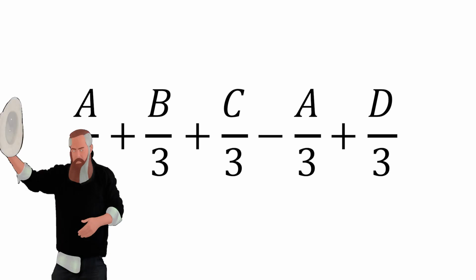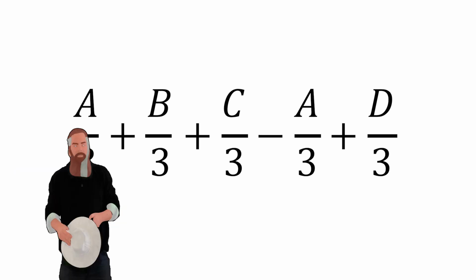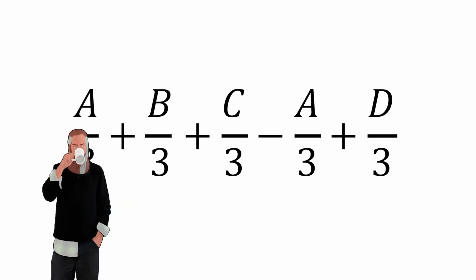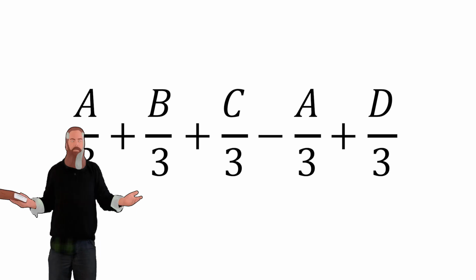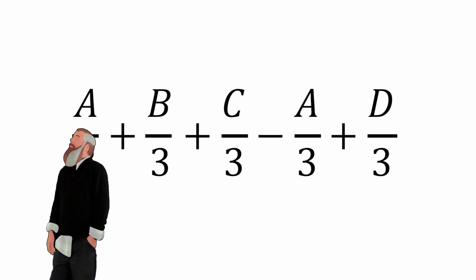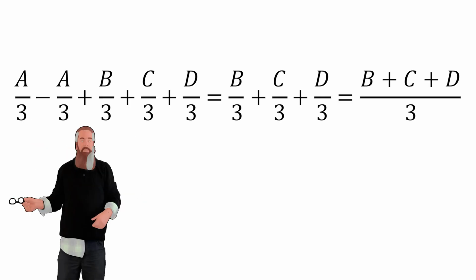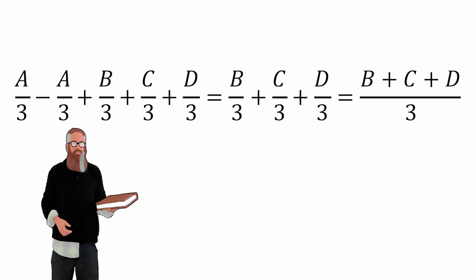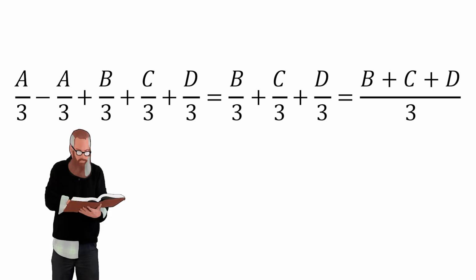Using the method in example 1, we can find the average for days 2 through 4 using B, C, and D. This is the same as subtracting price A and adding price D, or A over 3 plus B over 3 plus C over 3 minus A over 3 plus D over 3.